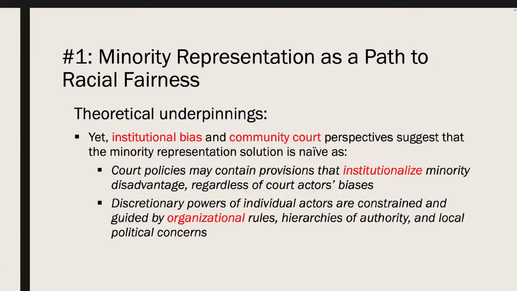Probably most notably, the institutional bias and community court perspective suggests that minority representation may not be enough to overcome the institutional practices that lead to racial disparities. So probably the clearest example I could give you of this is in the United States. Criminal history is one of the two most powerful predictors of sentence severity and case outcomes.